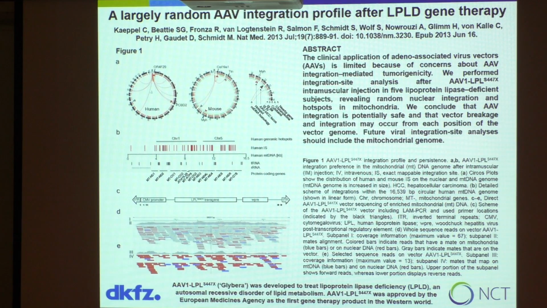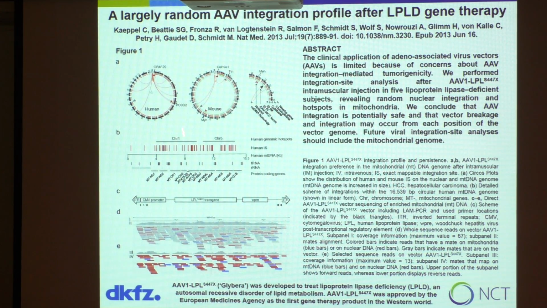It is very likely given by the natural occurrence of double-strand breaks in each of our cells, and then DNA repair, mainly by non-homologous end joining, so that at a low frequency, around 1%, the integrated vector, AAV vector, or also plasmid, which we have also analyzed in vitro, may simply be captured into the host cell genome.